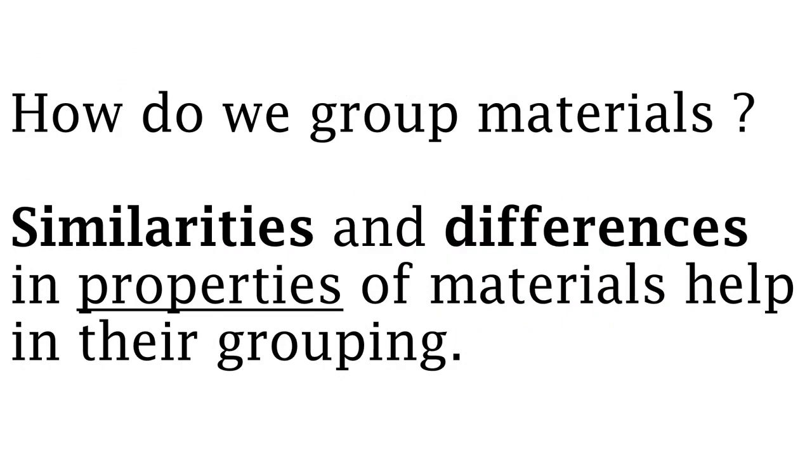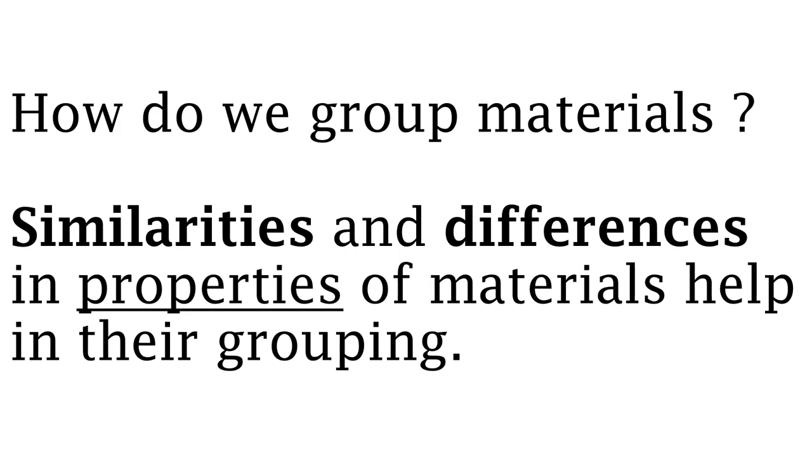Alright, now let's have a look. How do we group materials? Definitely, similarities and differences in properties of materials help in their grouping. We group different objects together on the basis of their similarities and differences in the properties.